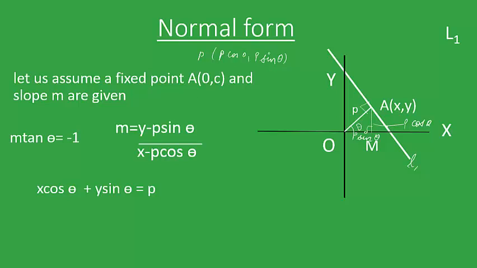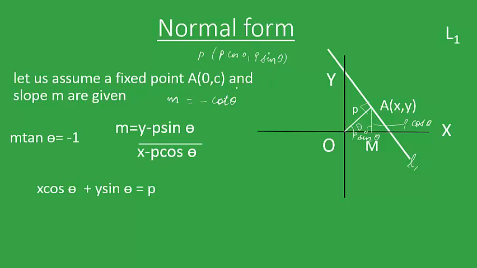And next we need the slope of this particular line. To calculate the slope of this particular line, we note that the slope of this normal is tan theta, and the slope of this line, say, m. So we'll have m into tan theta equals to -1 by perpendicularity of the two lines. So we'll have the slope of the original line as minus cot theta. We'll use this particular thing in our equation. So we have slope now as m equals to minus cot theta, and the point as p cos theta, p sin theta.